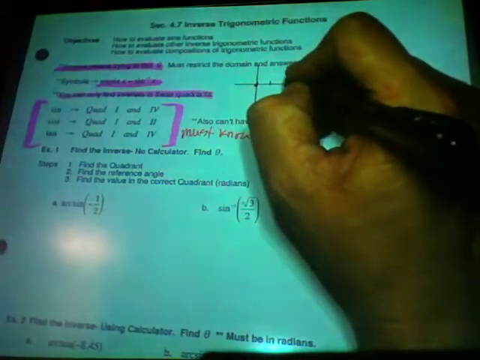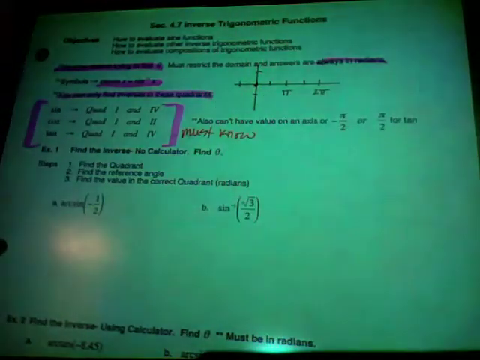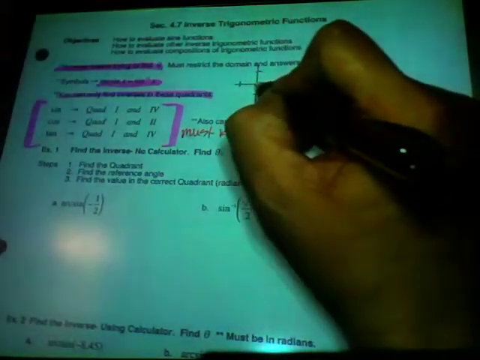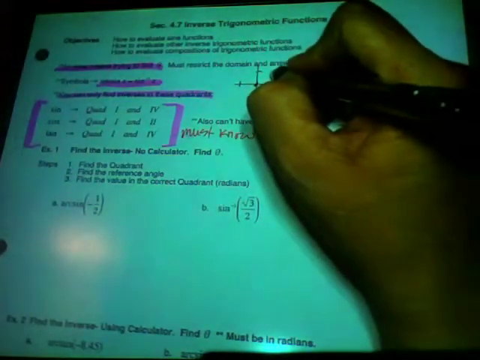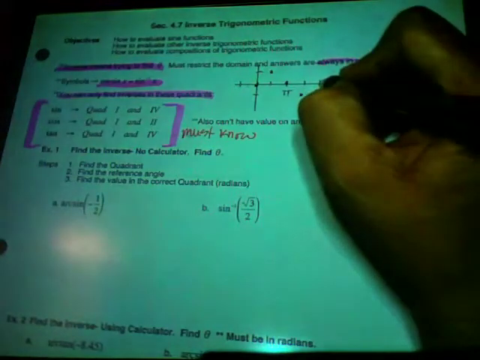All right. So recall that this is 0, pi over 2, pi, 2 pi. So if we had the sine curve, remember sine went at 0, then it goes up to 1 at pi over 2, back down to 0, down to -1, and back up to 0, correct?